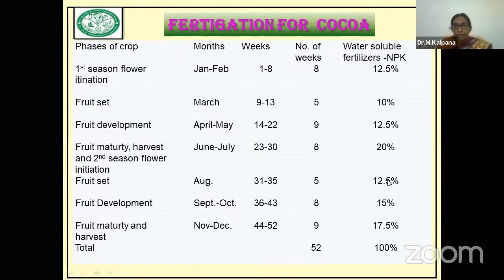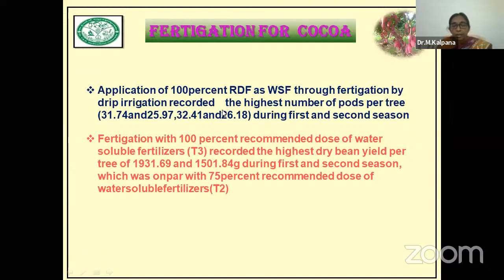The 100% recommended dose of fertilizer has been standardized through the drip system. Application of 100% RDF as water soluble fertilizers through drip fertigation recorded the highest number of pods per tree in both the first and second seasons, and also the highest dry bean yield in both seasons, which was on par with the 75% recommended dose of water soluble fertilizers.